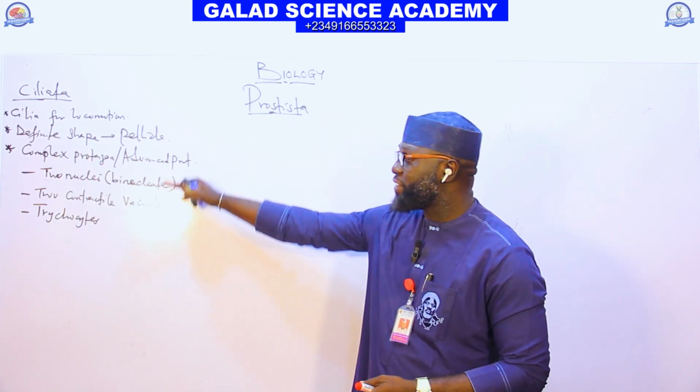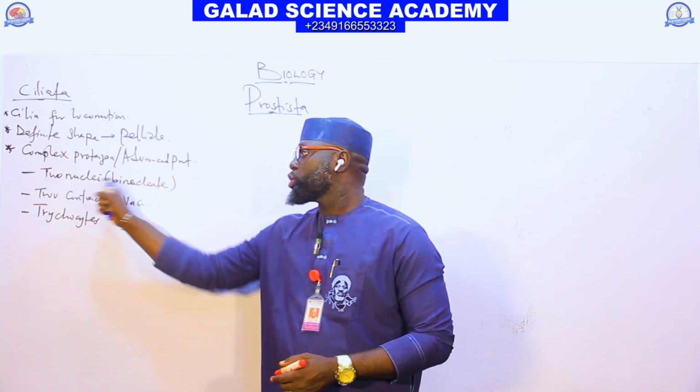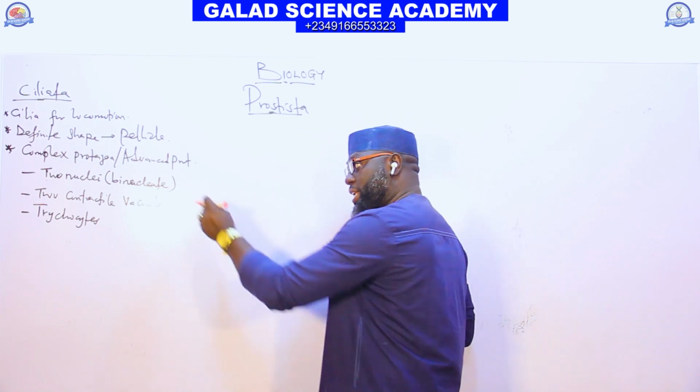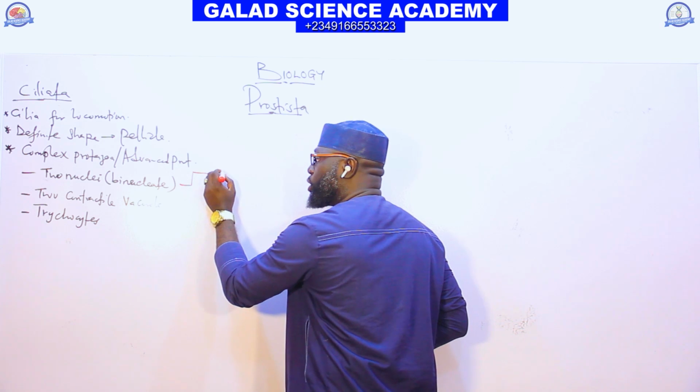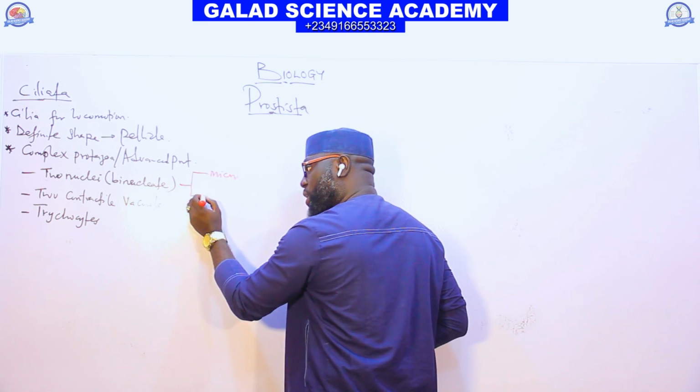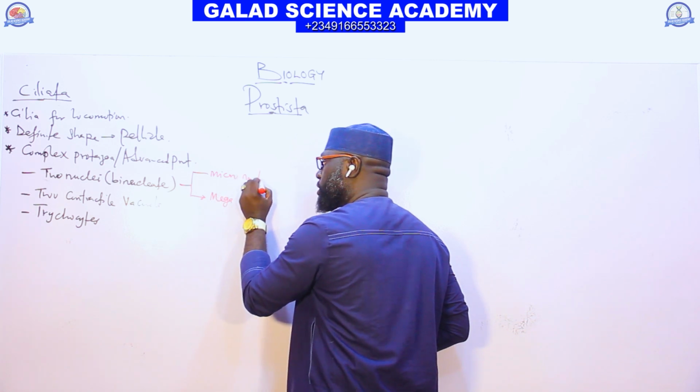Those are the three advanced features of Ciliata. They have two nuclei, so they are binucleate. The first one we call the micronucleus, and the second one we call the meganucleus.